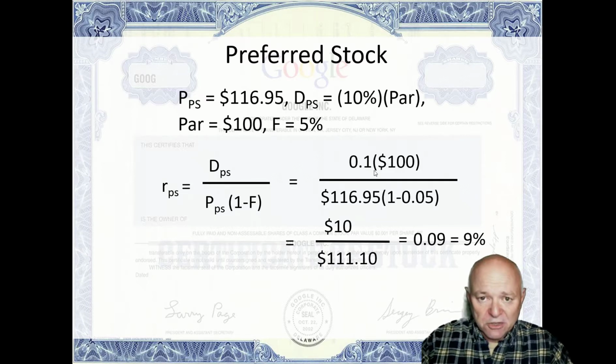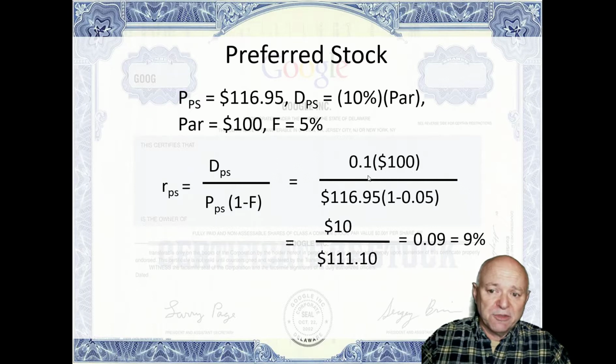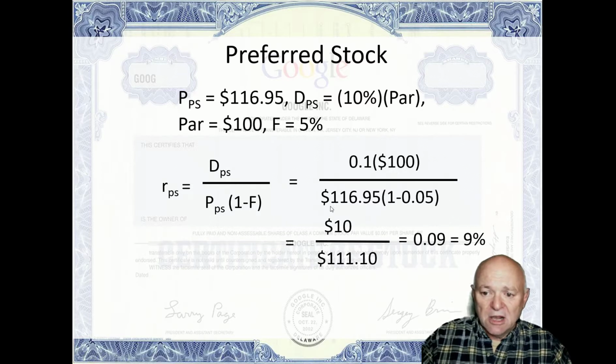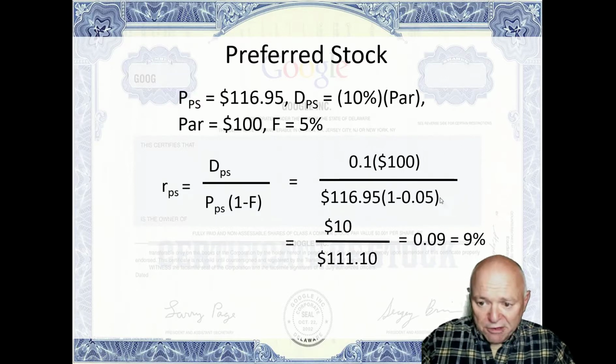And so in dollar terms, we had a 10% dividend on $100 par value. So 10% of $100, that's $10. And $116 after accounting for flotation, 116.95 times 0.95.